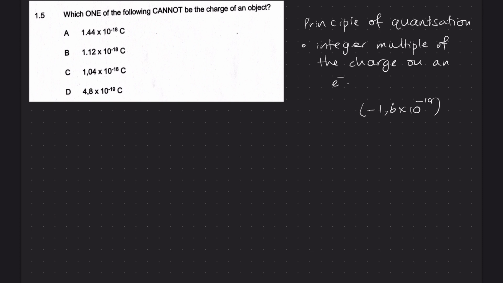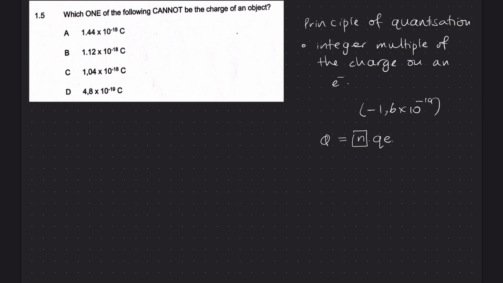So from here we get a formula: the charge on an object is equal to N multiplied by QE. To answer this question, we need to solve for N, and if N is an integer, then it's valid. If N is not an integer, then it's invalid.